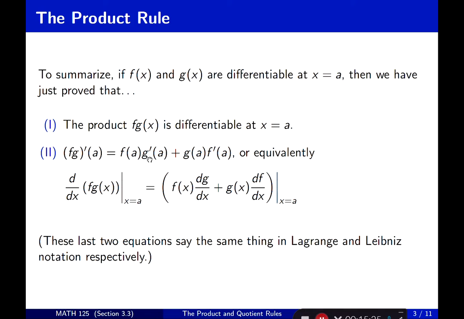The other term has the function whose derivative was here times the derivative of the other function, and so they switch their place in each term. And these two equations are the same. There's just one in Lagrange and one in the Leibniz notation.